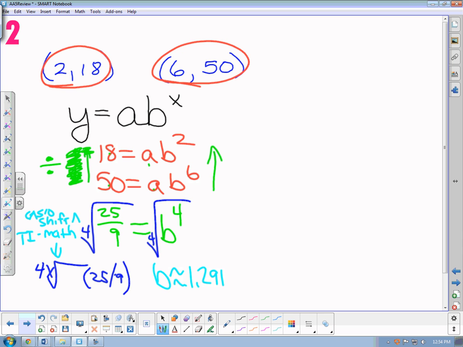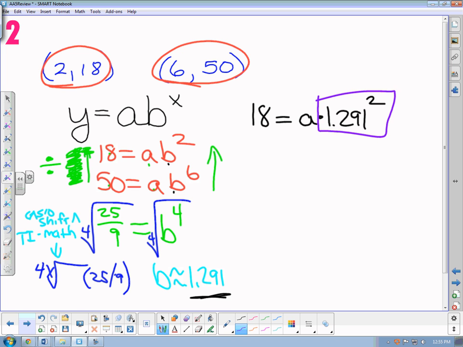Now that you know that, you can substitute this into either one of these two equations for b and then solve for a. So we're going to use the 18 equals a times 1.291 to the 2nd power. This here, it's just a number. And so you have a number times a, and to get it to the other side, you're going to have to divide by 1.291 to the 2nd power.